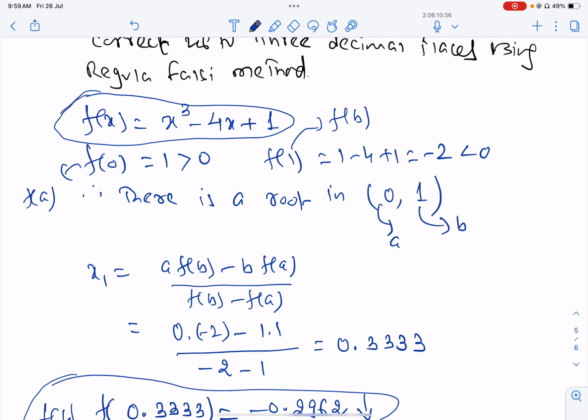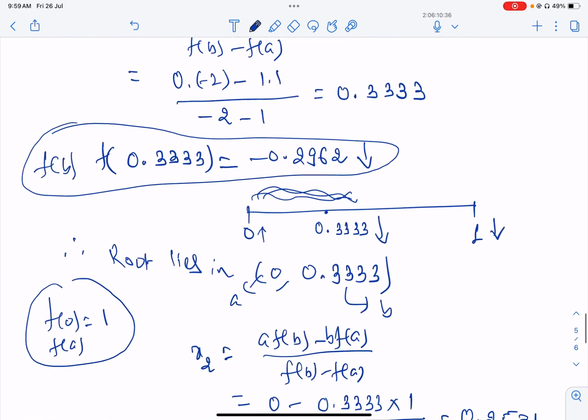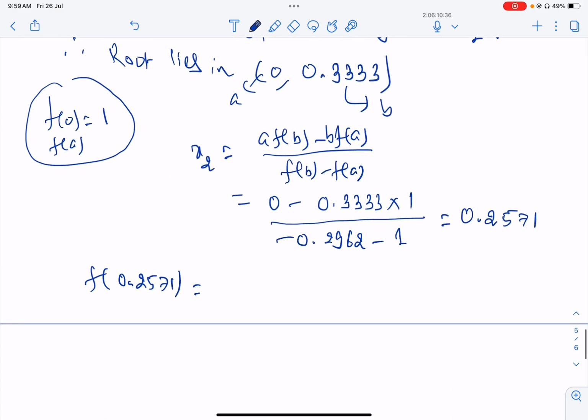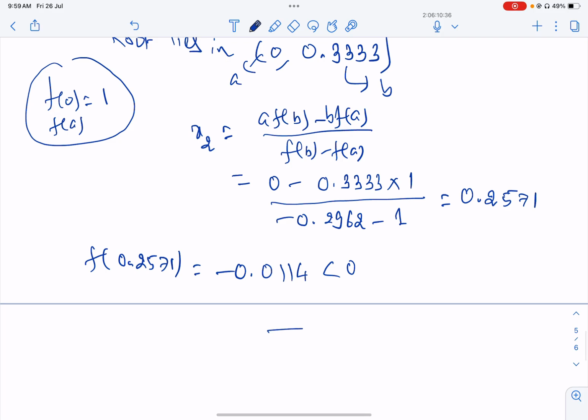Use the calculator again. Here you put this value, 0.2571 cube minus 4 into 0.2571 plus 1, and you will get the value as minus 0.0114, so it is negative. Now see, earlier the root was lying between 0 and 0.3333.